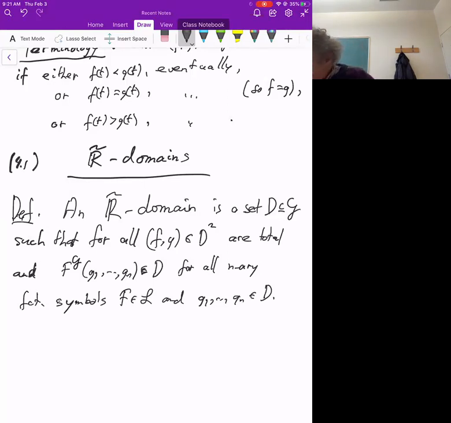Oh, and also it's actually a bit more general because we do not assume that the germs in D are continuous, but they can be arbitrary. But otherwise, it's very much like Hardy fields, corresponding to the case where R tilde is R_L. So till further notice, we will fix D, an R tilde domain.